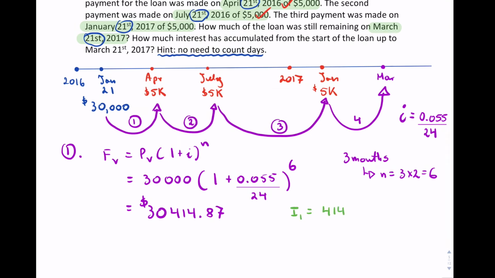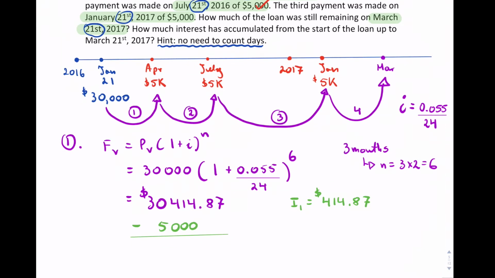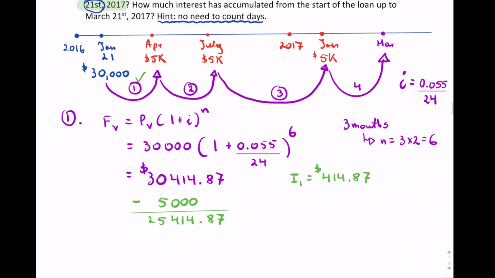That grew 414.87. So that was our interest. Now we're going to pay this off. We have 5K that we're going to pay off, so that's going to leave us with 25,000. So this is what we have. That's number 1.